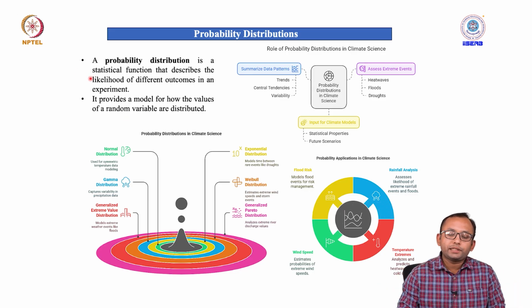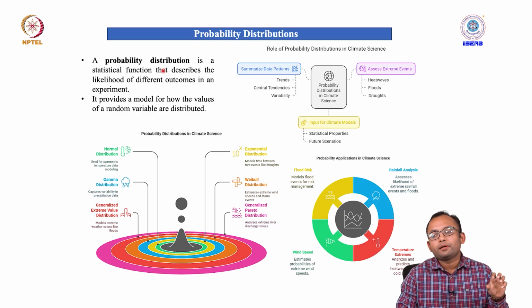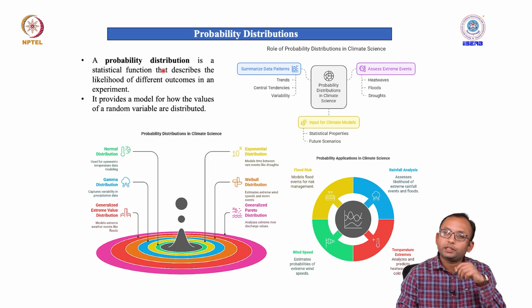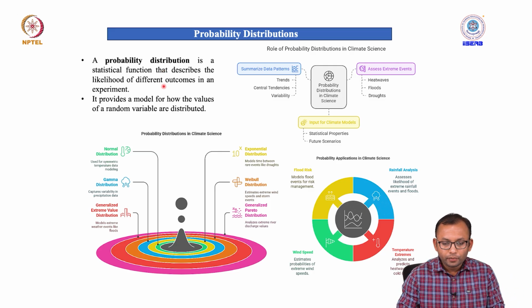So, based on this understanding, if we have observed some amount of rainfall, or we have time series data for rainfall and temperature, using those data sets you can fit the probability distribution function, and then you can calculate their statistical properties like mean, median, standard deviation, skewness, kurtosis, etc. There are different types of probability distribution functions in climate science.